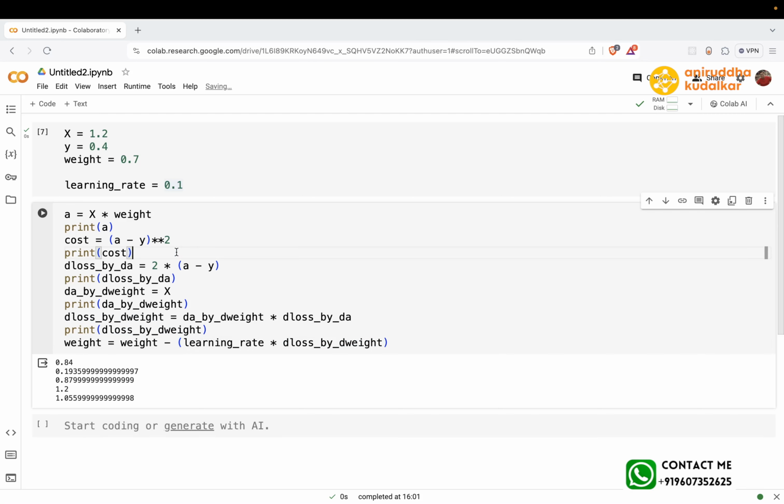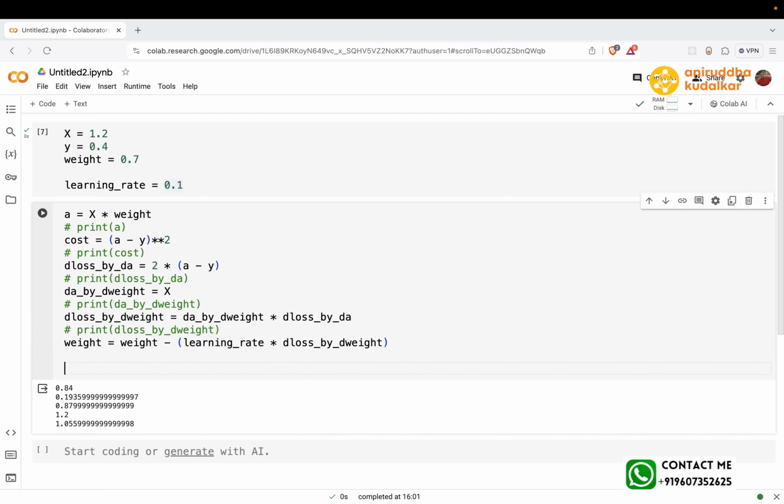Okay, so for better understanding, I will comment out all these print statements and we will just print whatever is required. Now you are updating the weight again and again. So here we can print loss is equal to cost.